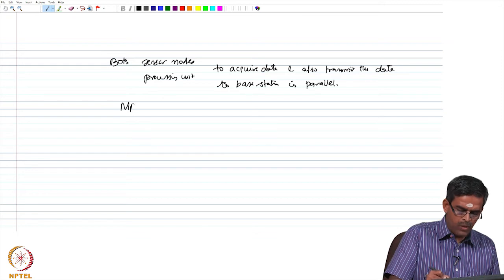The description of MPU pin, which is 6050, is given below.